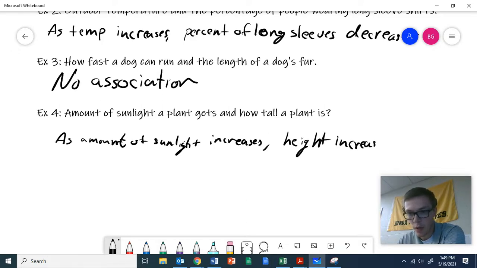Generally, the more sunlight a plant gets, the taller it will grow. Now, obviously, there are other factors that vary into that, but that will be true. The less sunlight, it's going to stay more stout and more short. So yes, that one does have an association. That one does affect the other.